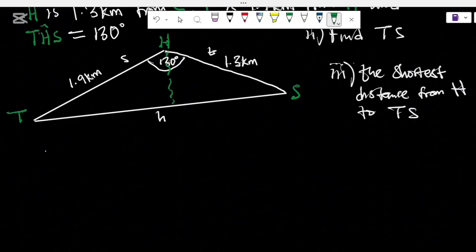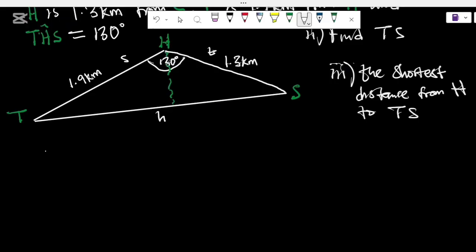If we're moving from H, instead of going through to S and then to this particular point, we can actually go straight from H to this base distance. So how do we calculate this distance here, the shortest distance? Now what we need to understand here is that the entire area of this triangle is dependent on this particular distance, this shortest distance.